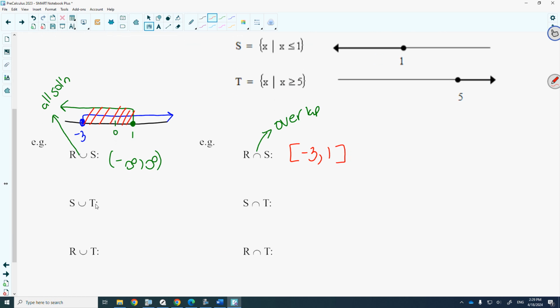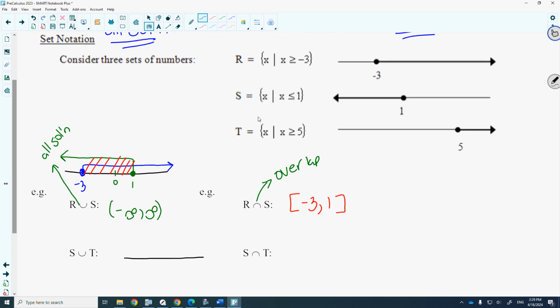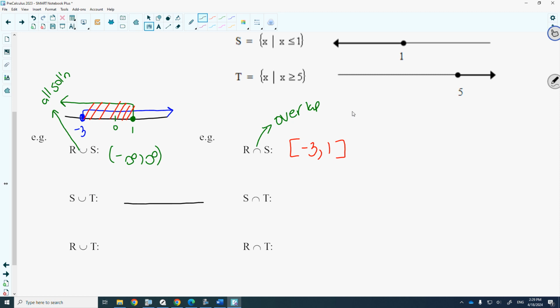All right, let's do the union of S and T. So put S and T on a number line. S is less than or equal to 1. Here's 1, 1 is included, and I'm going to go less than 1. T is X greater than or equal to 5, so T would be 5 and greater.